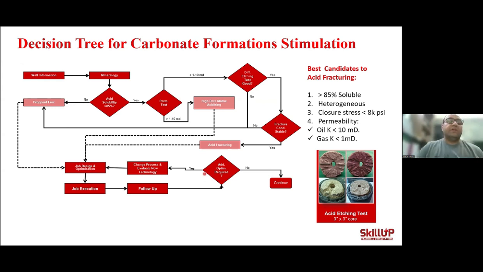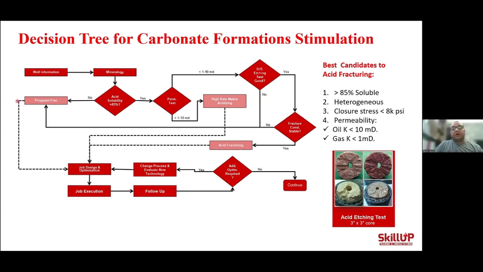And this is very critical, because if you already decided to go with just an acid frac and you figured out that this was not the optimum choice for this reservoir, the cost will be extremely high. I'm talking here about thousands of treatments in large companies. So you really need to collect these data and make a decision based on it.